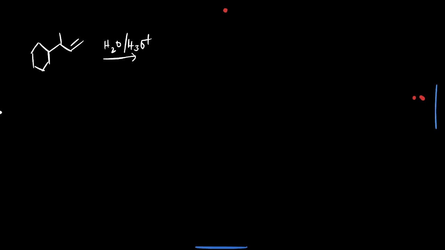And we would see that the product that we'd form would look something like this, right? We have our methyl group here, and the OH is actually going to be on this carbon. Now, you can see that the OH group is actually attaching to a carbon that is not even involved in the double bond, and that's because the intermediate that forms is one that has a secondary carbocation.